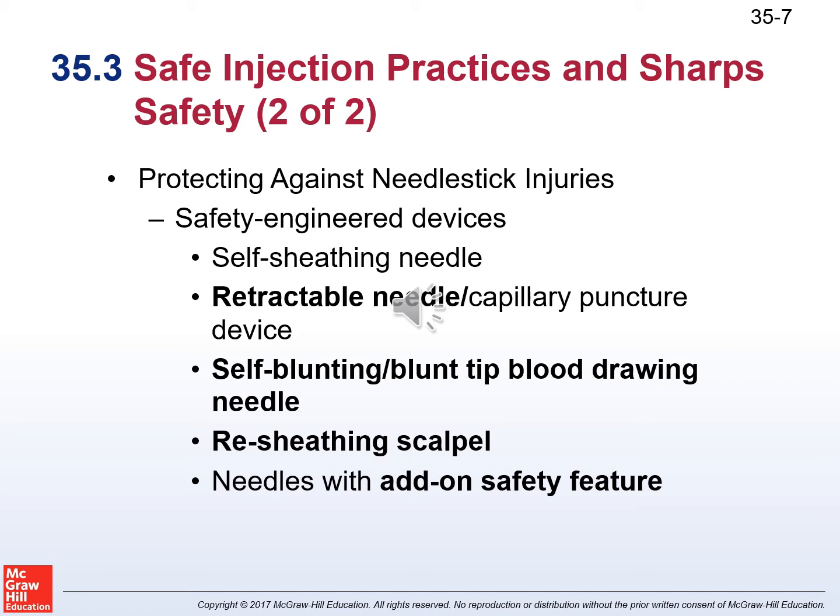Self-blunting needles or blunt tip blood drawing needles can be activated while still in the patient's vein and then removed. Resheathing scalpels are single-use disposable devices that can be used with one hand. Needles with add-on safety features are either a hinged or sliding sheath attached to the needle to keep the user's hands behind the needle.